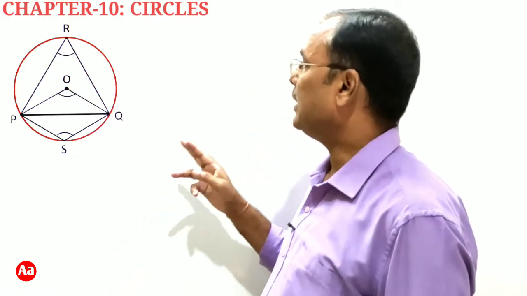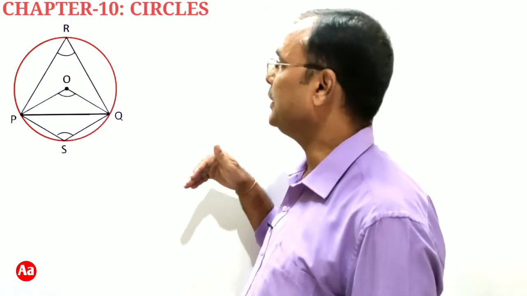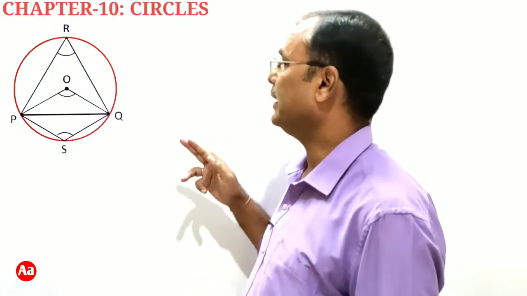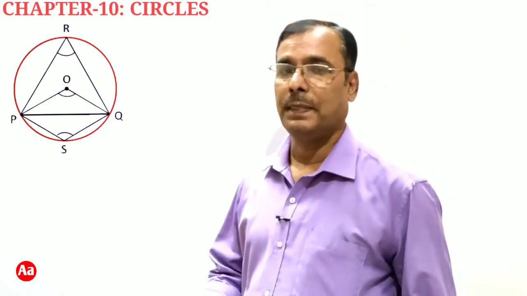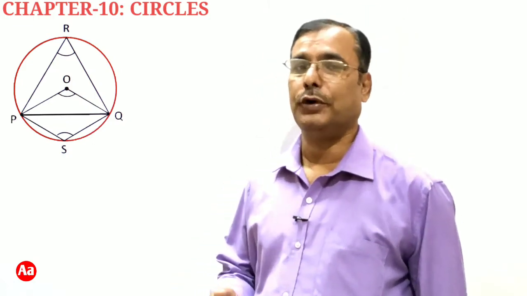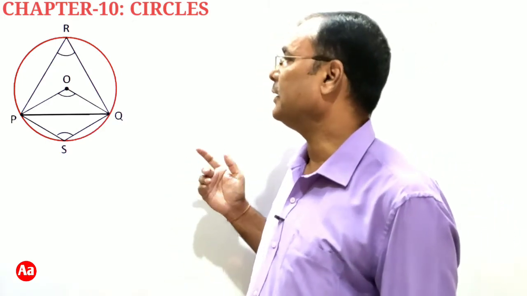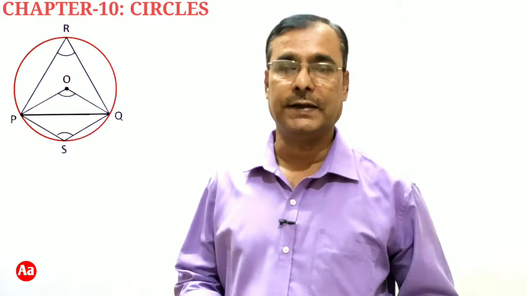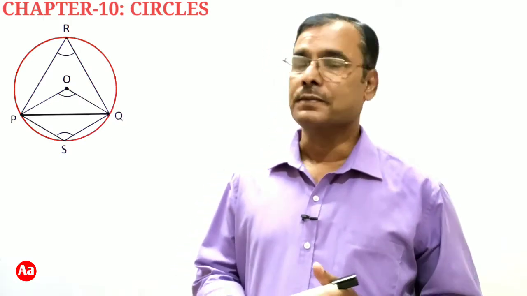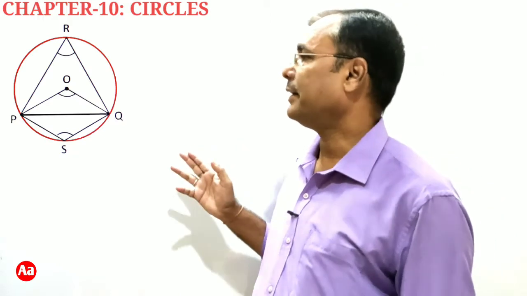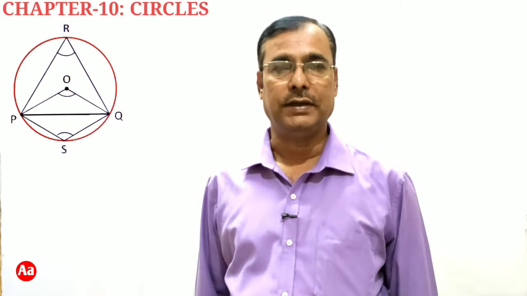So angle PRQ is the angle subtended by the chord PQ at point R, and angle PSQ is the angle subtended by the chord PQ at point S. So chord PQ subtends angle POQ at the center, and angle PRQ and angle PSQ at points R and S in the major and minor arc respectively.